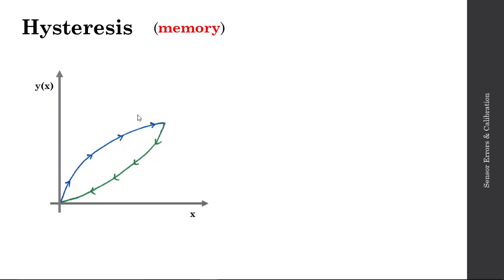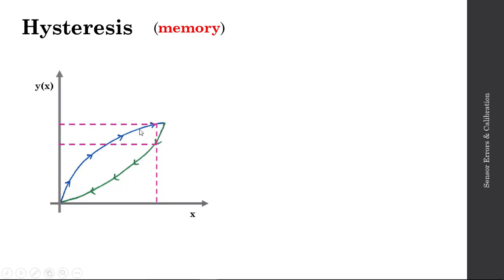By memory, we mean that the performance of the sensor is dependent on whether I'm increasing my load or decreasing my load. The problem with hysteresis is that for a given input, so let's call that x here, I could have two potential different output values, based on what the previous value was.